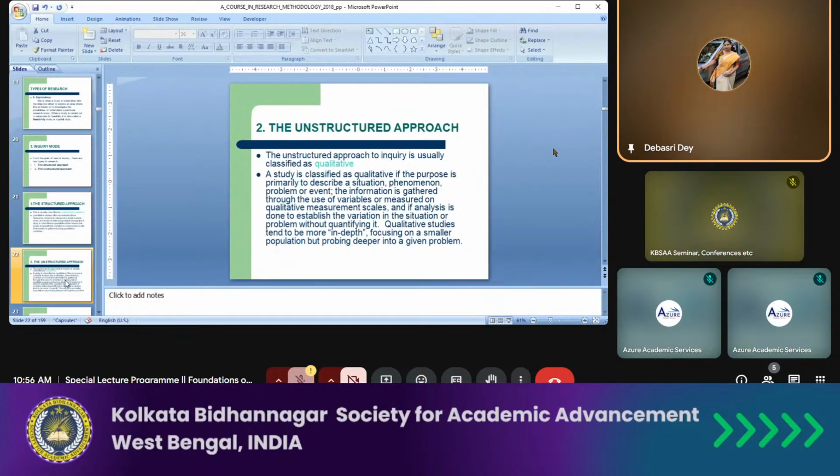But it should be in depth, you focus on the bird's eye view. And one more thing, if you use some quantitative measures here, the unstructured approach is not classified as quantitative or qualitative, whereas the structured one is mostly classified as quantitative.